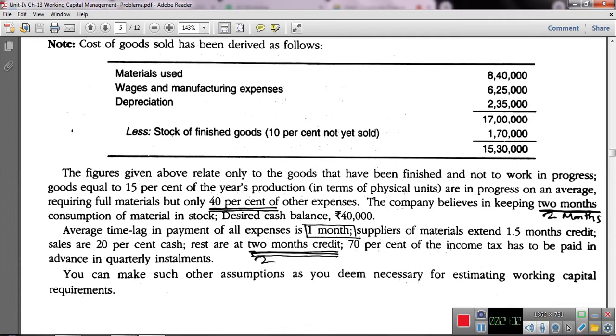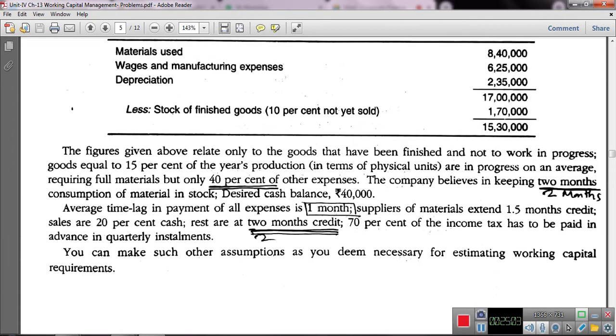The information given is goods equal to 15% of the year's production are in progress on an average requiring full materials, but only 40% of other expenses. 40% of 6,25,000 is the amount required to invest in wages and manufacturing expenses, or to pay the liability.